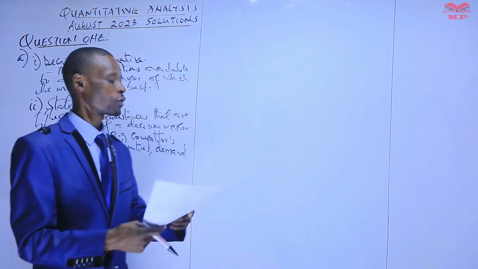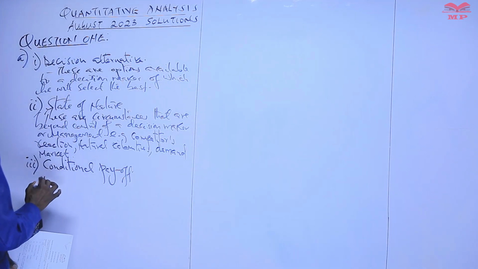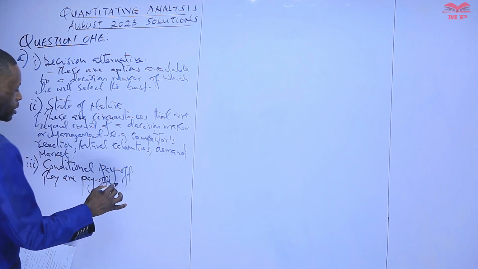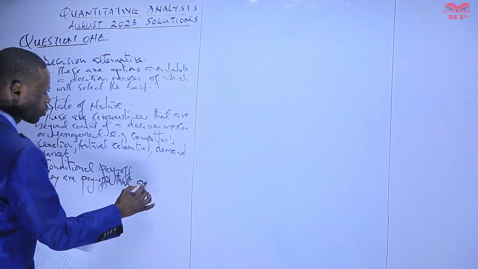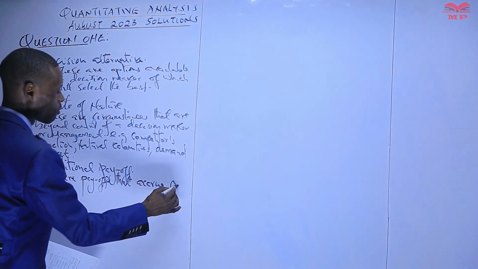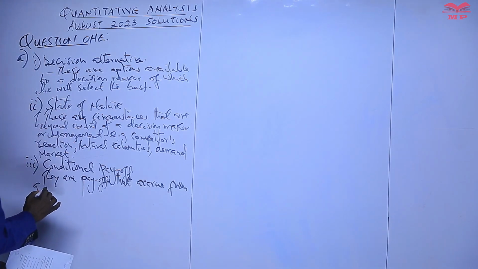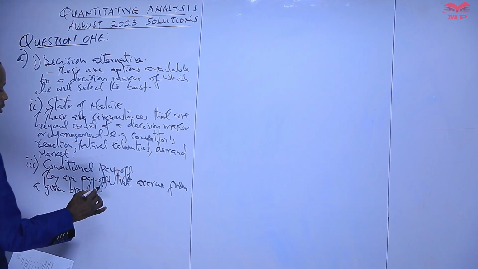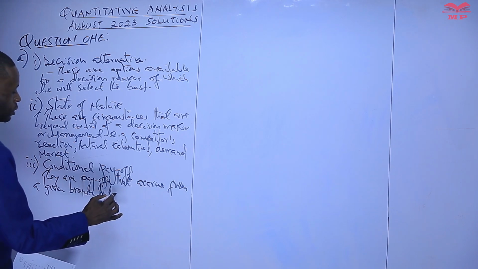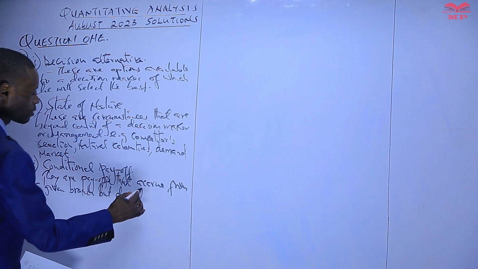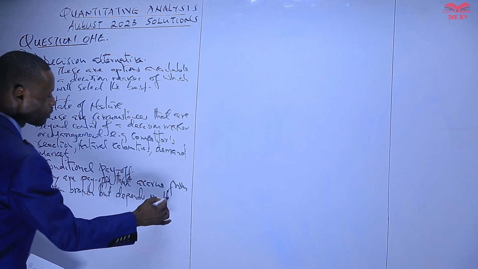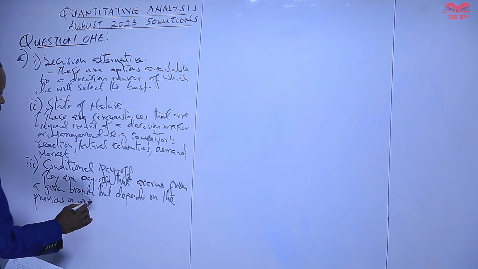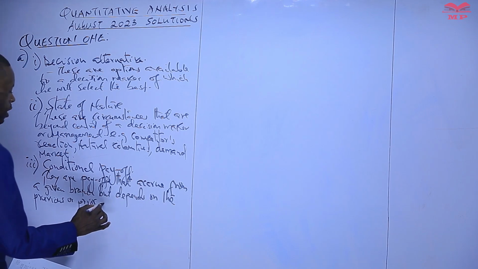So we can say there they are payoffs that accrue from a given branch, but depends on the previous or prior occurrence.